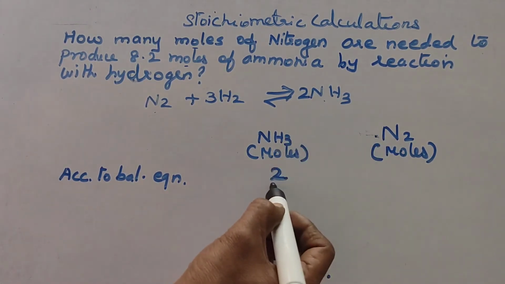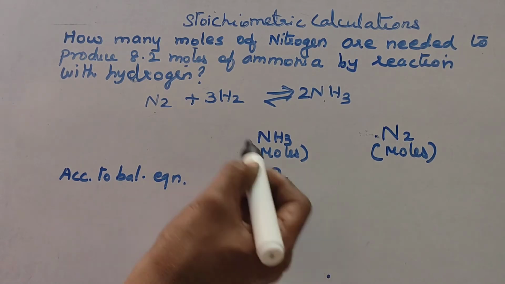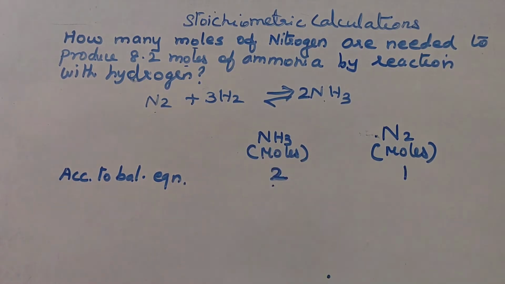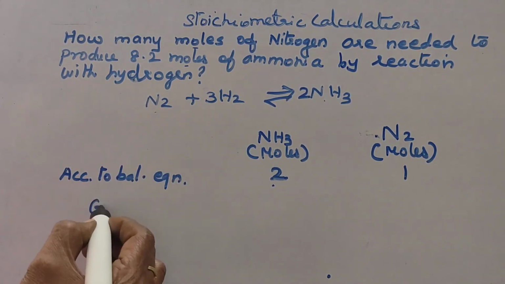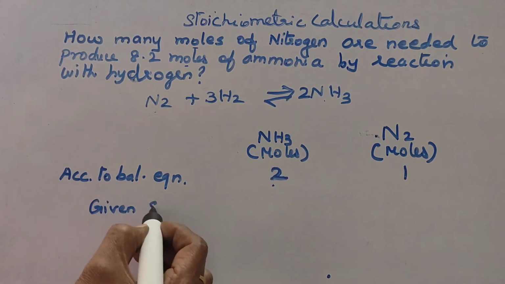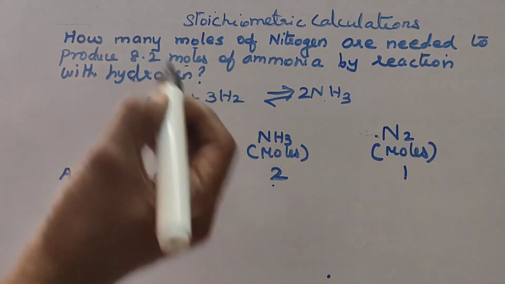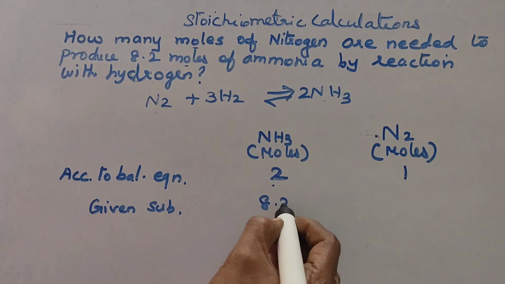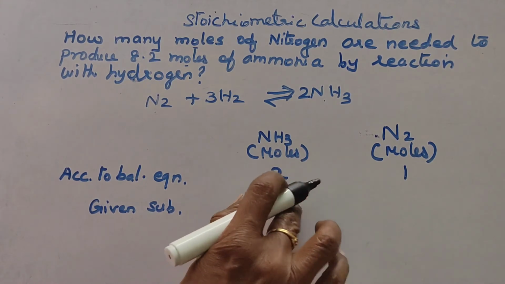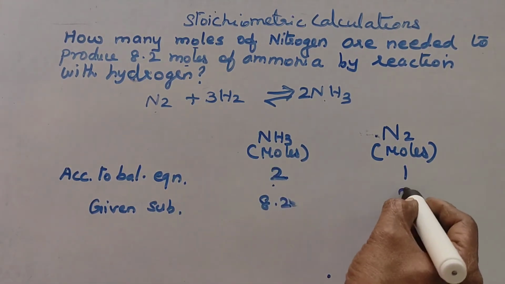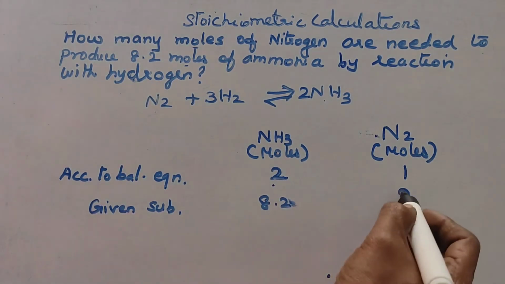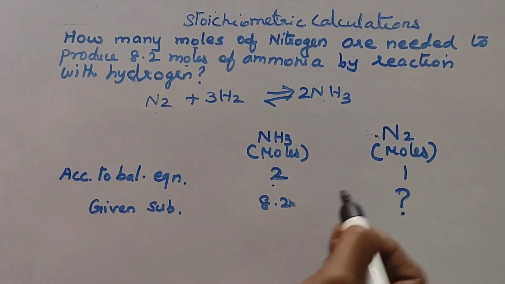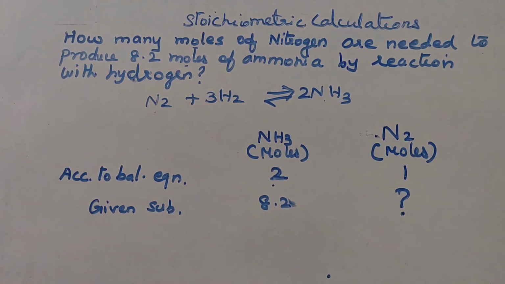So 2 moles of ammonia are produced when 1 mole of nitrogen is used. Which substance is given here? The given substance is 8.2 moles of ammonia. How many moles of nitrogen are needed here? So we have to put an interrogative sign in this place.